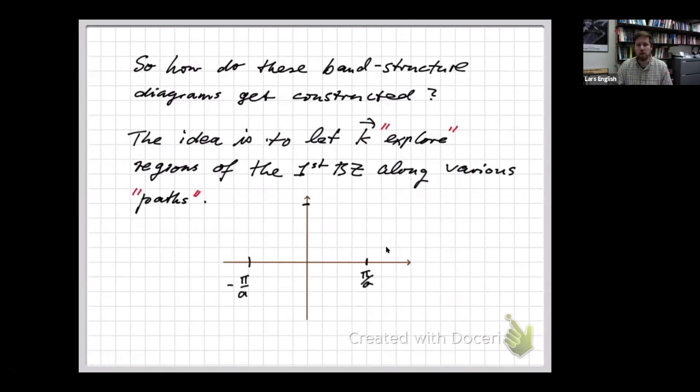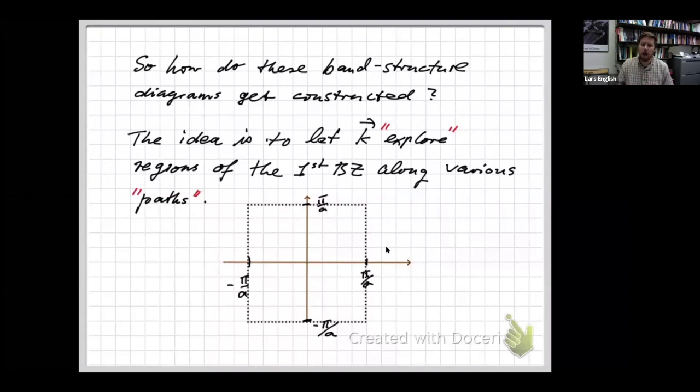For instance, in a simple 2D square lattice, the first Brillouin zone is a square itself. It runs from minus pi over a to pi over a along the x and y axes, as we've said before. So we'd like to explore this reciprocal space a little bit.